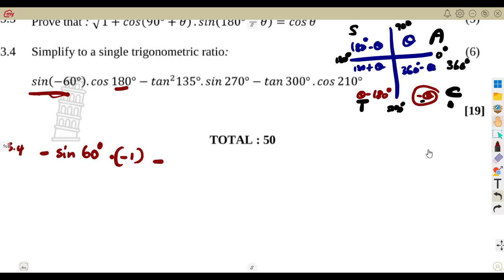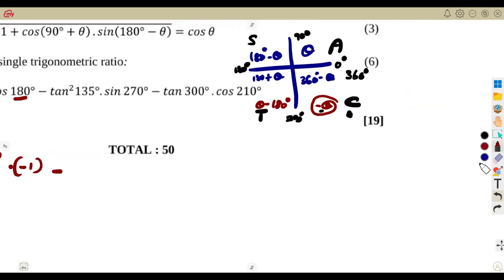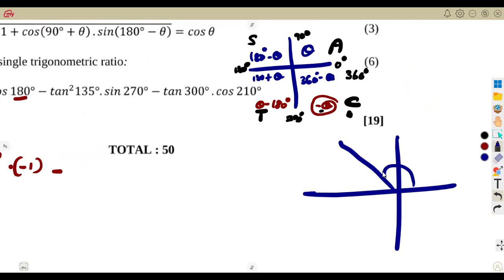We just need to try to reduce first. Let's reduce the tan 135. We talked about this previously. 135 is going to be in the second quadrant. So from 180, this will be 45 degrees. This is 135, so that if you add, it will be 180.